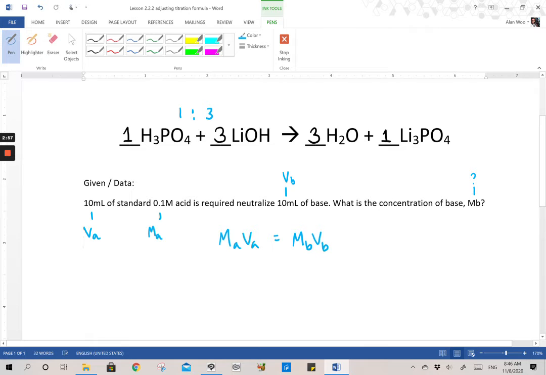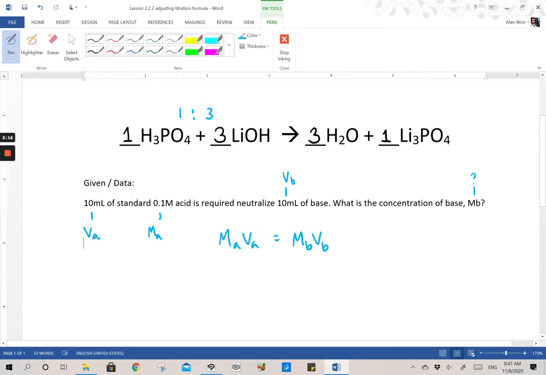From your equation, we have 3 moles of base and 1 mole of acid. But in order to equalize everything, it's common for people to think that because the 3 is in front of the base, you put a 3 on the base side. It's actually the other way around.